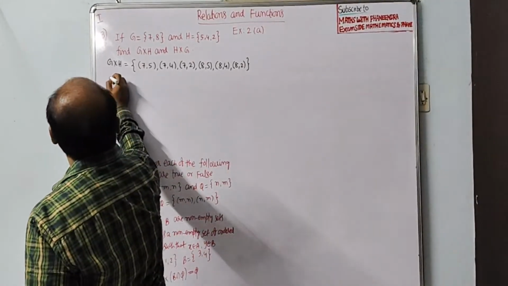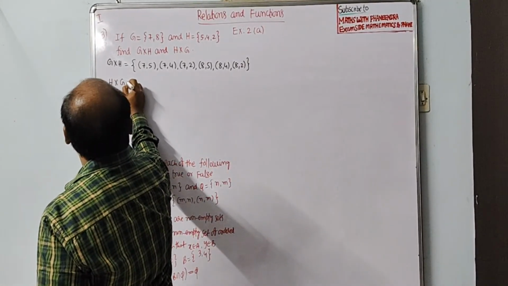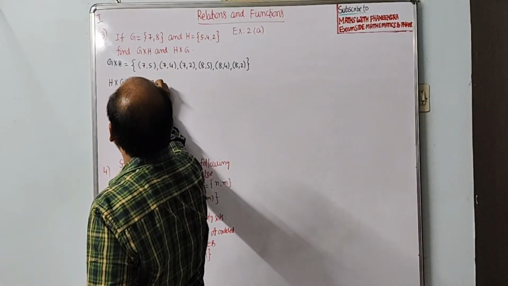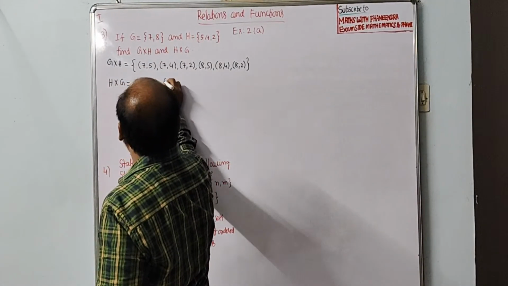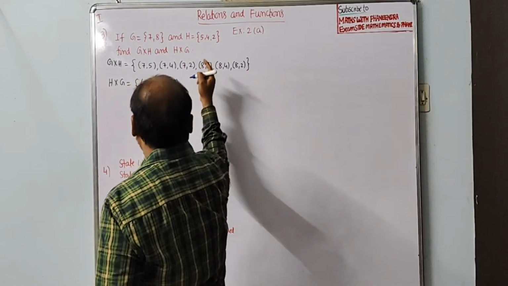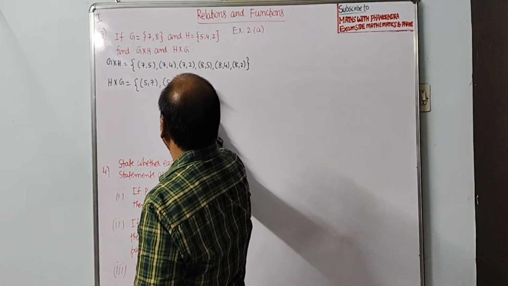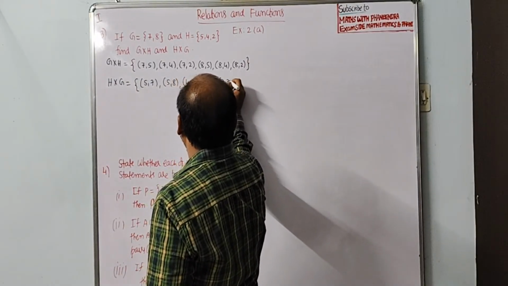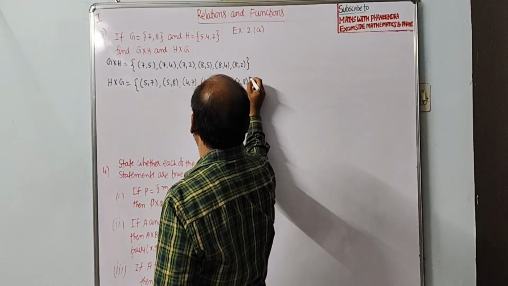Next H cross G. So 5 comma 7, 5 comma 8, 4 comma 7, 4 comma 8, 2 comma 7, 2 comma 8.